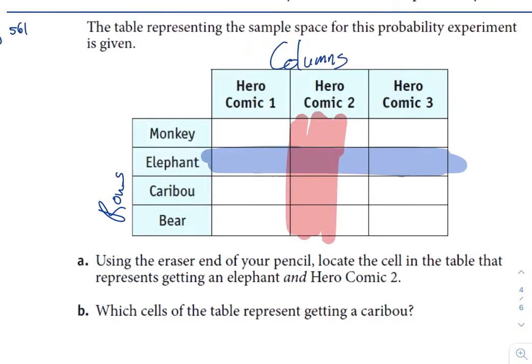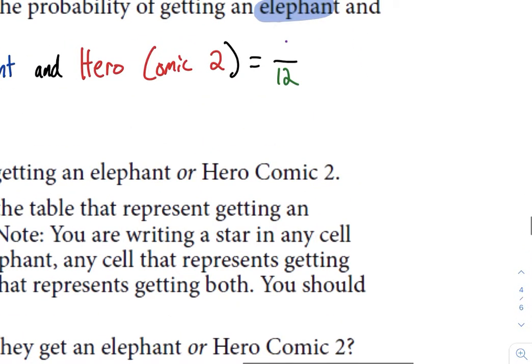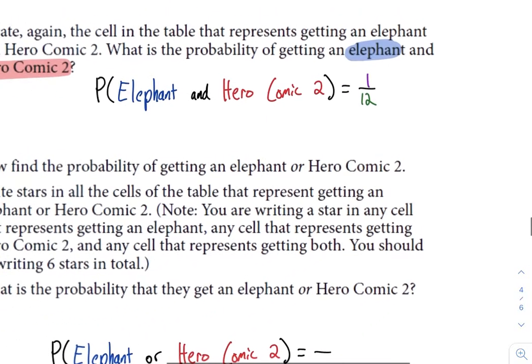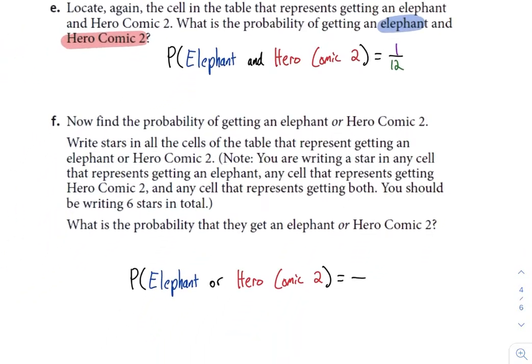And since I want the probability of and, it's going to be where both of these things happen, which is that one cell right there. So there is only one cell that is both an elephant and a Hero Comic 2. So in this case, that would be our numerator, just the 1. It is 1 out of 12. So the probability of elephant and Hero Comic 2 is 1 out of 12.